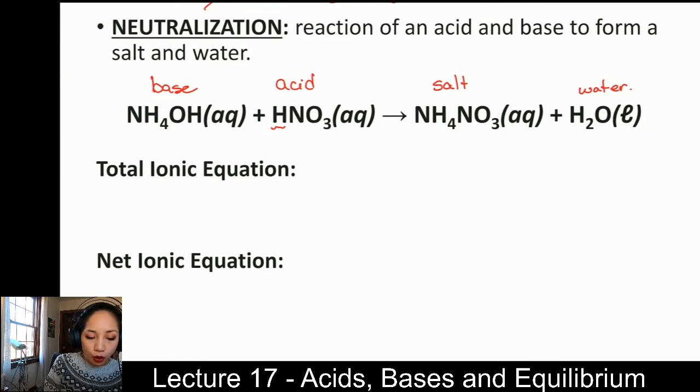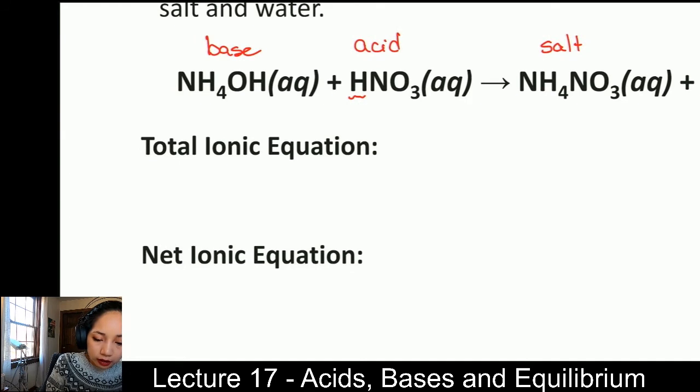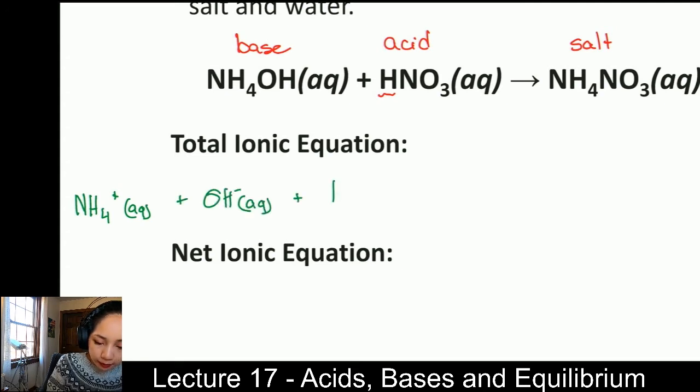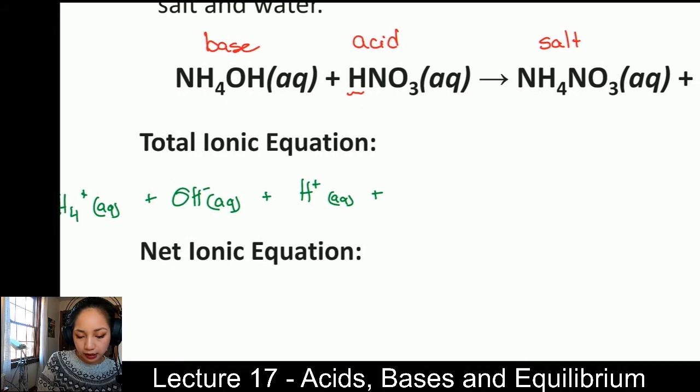So if we write the total ionic equation here, all right, we remember this from previous lectures, we separate all of our cations and anions. So NH4+, this is a cation, so that's aqueous, plus OH-, there's our anion, aqueous, plus H+, that's our cation, aqueous, and our anion for HNO3, nitric acid, is NO3-, aqueous, arrow.